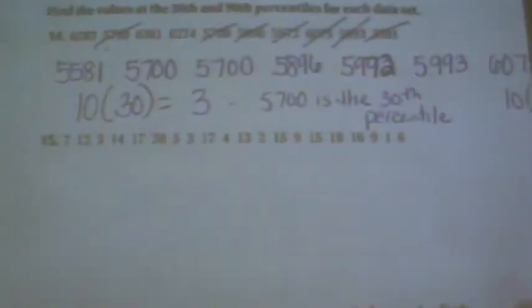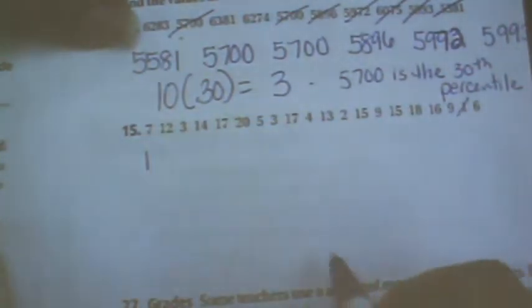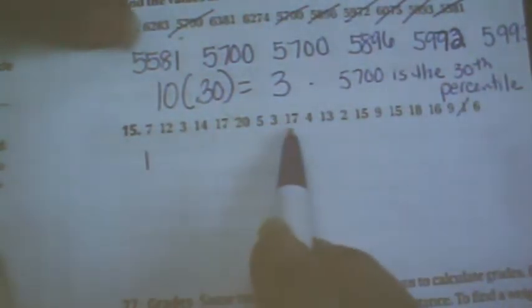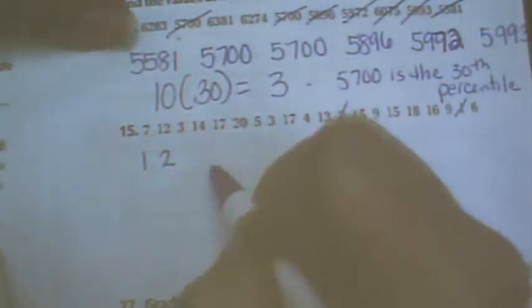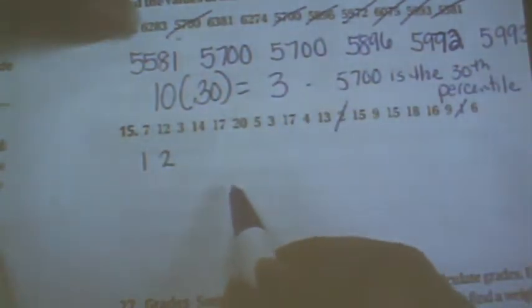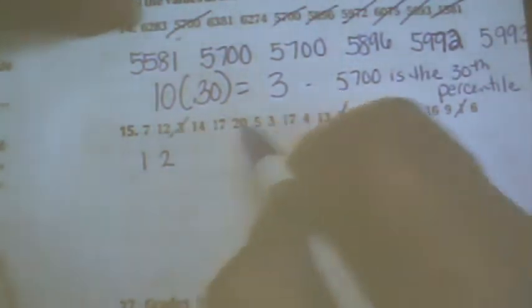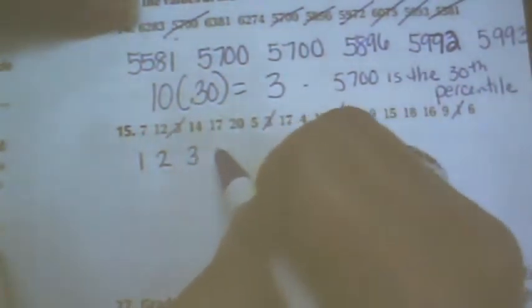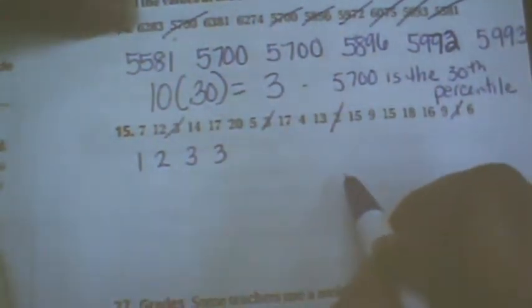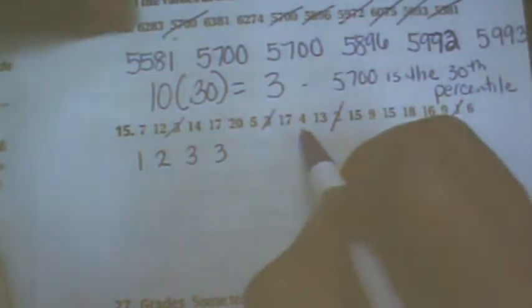Last one, number 15. Okay, what's the smallest of these numbers? 1. Then up, we get a 2. Then we have, looks like two 3s, right? 3, 3. Then what? I see a 4.